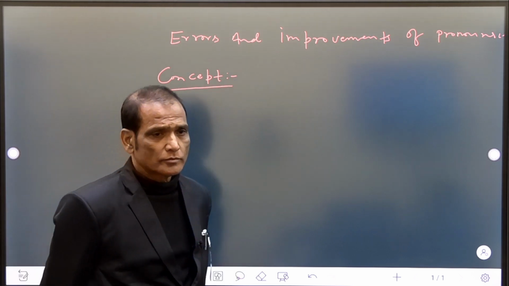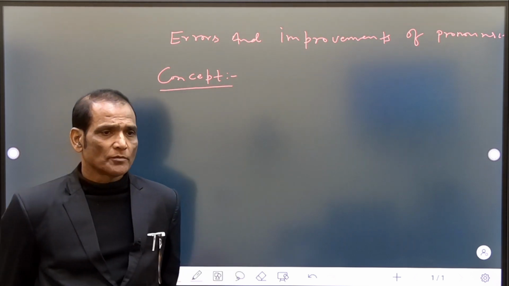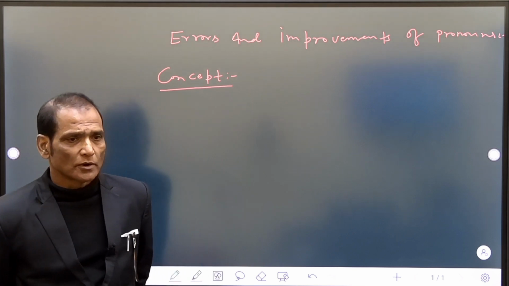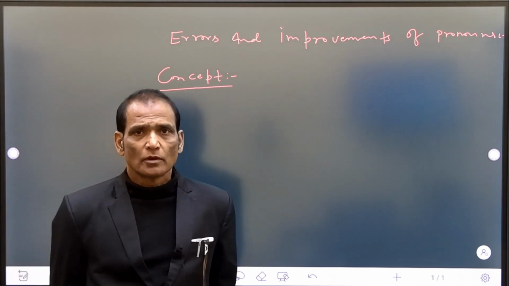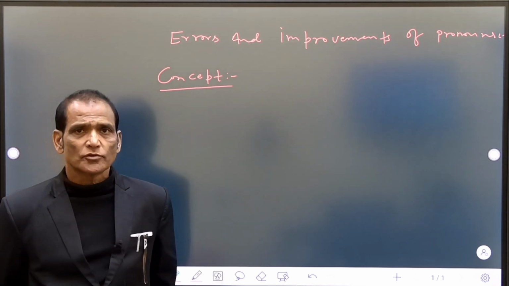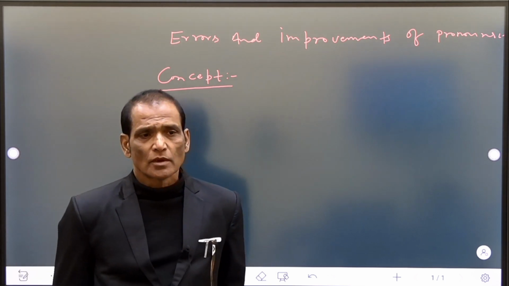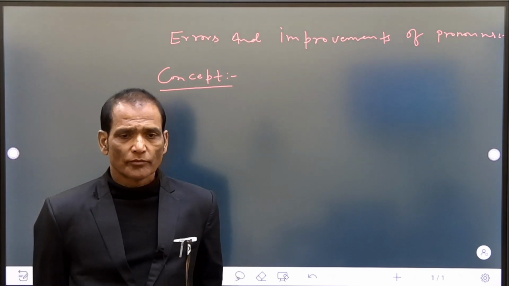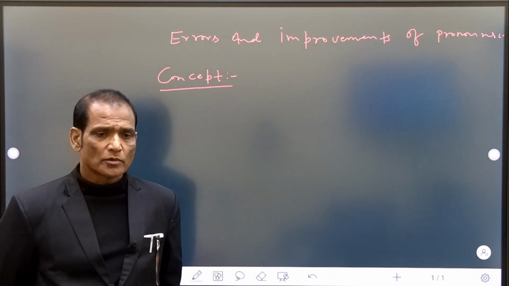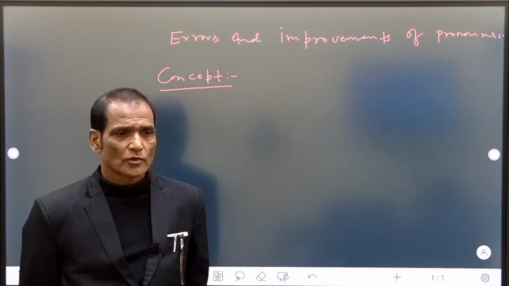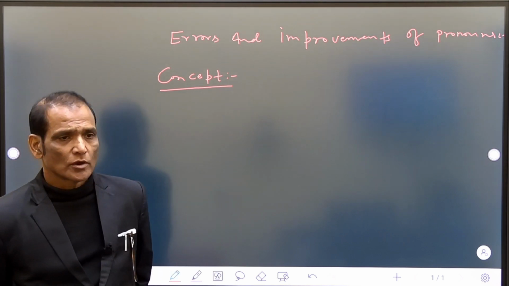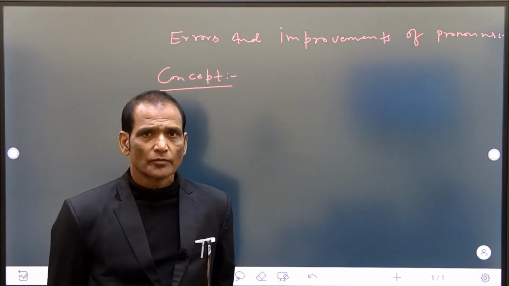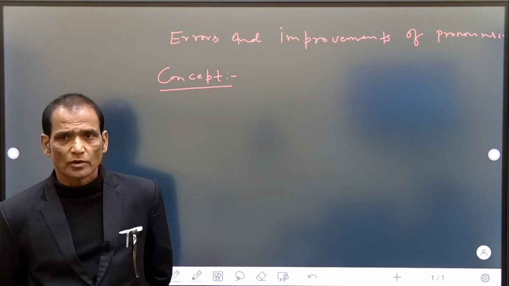Dear, you have read in your previous classes that pronouns are the words which are used in place of nouns. It's very true. But here I am going to tell you a new concept that is very near to the concept that pronouns are the words which are used in place of nouns.